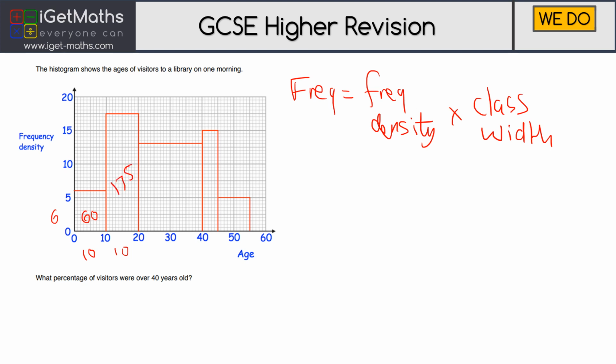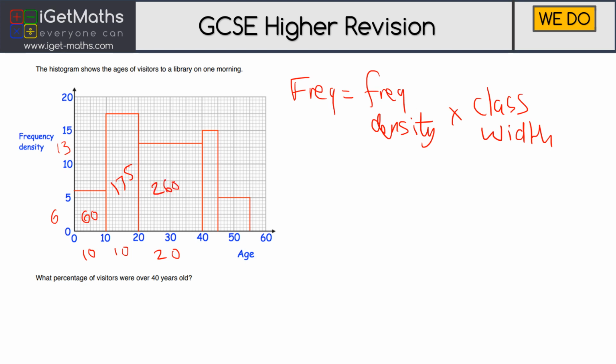And then this bar is wider, and it goes 20 to 40, which is 20 wide. This goes up to 13 high for this one. So 20 times 13 will give us 260.